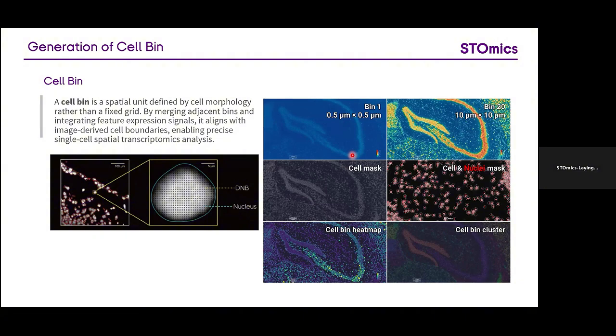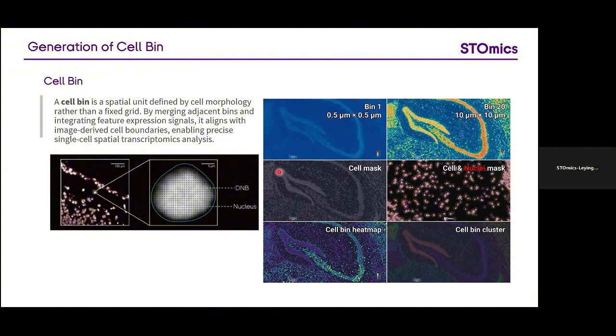Cell bins form spatial units that enable precise single-cell resolved spatial transcriptomics analysis, for example, cell type annotation, tissue microenvironment analysis, cell-cell interaction studies, and so on.